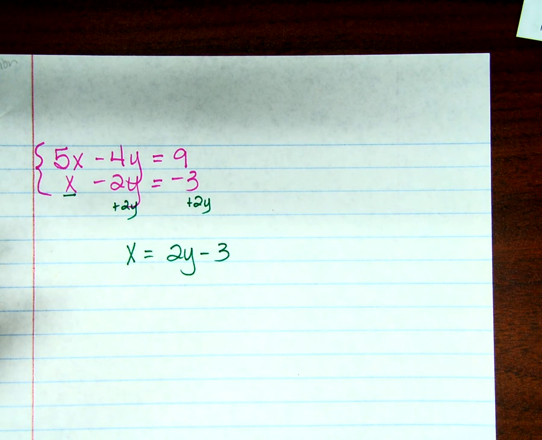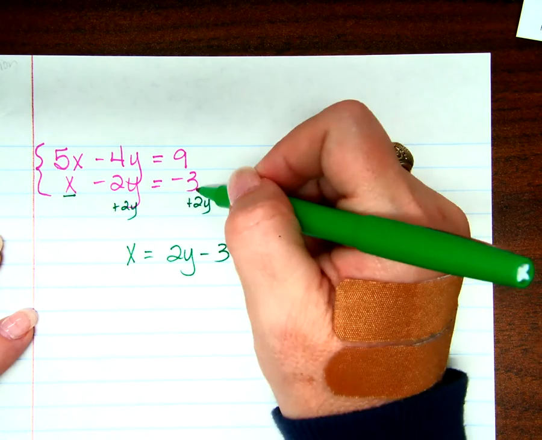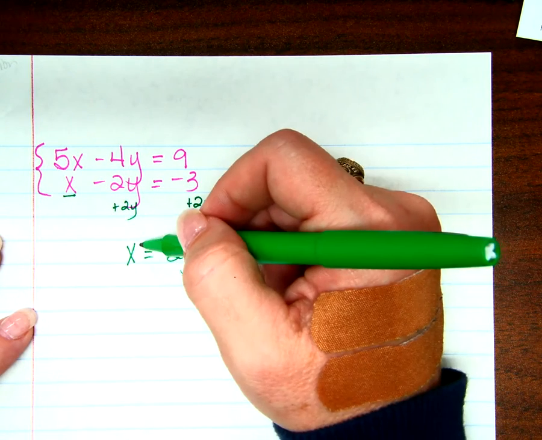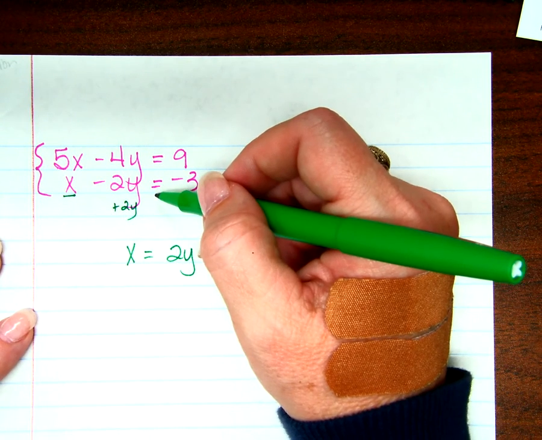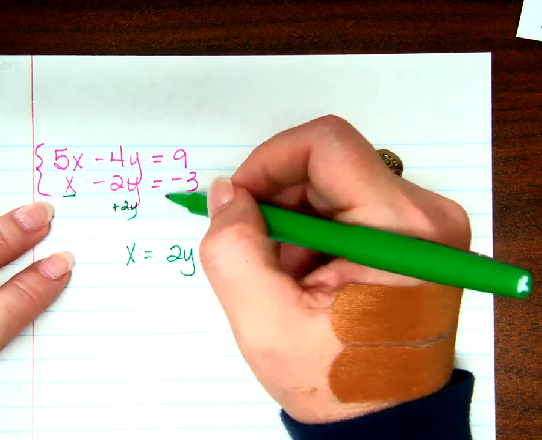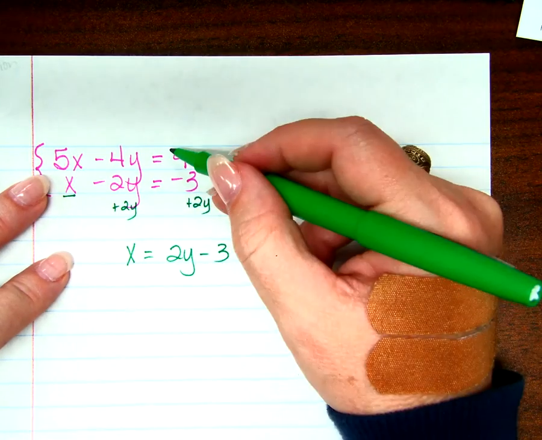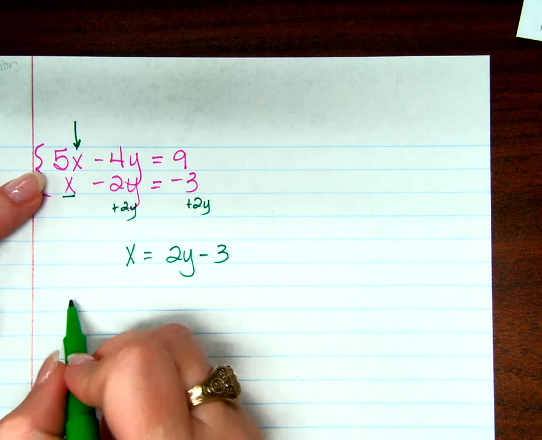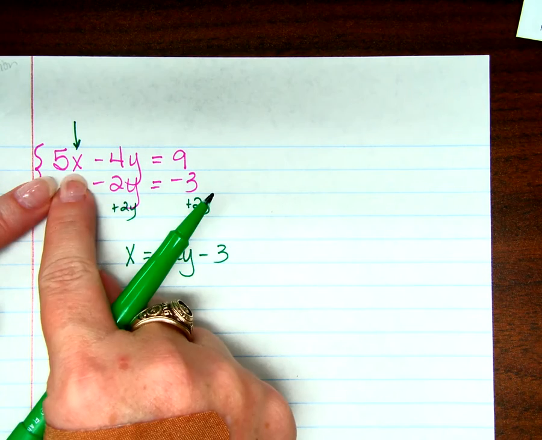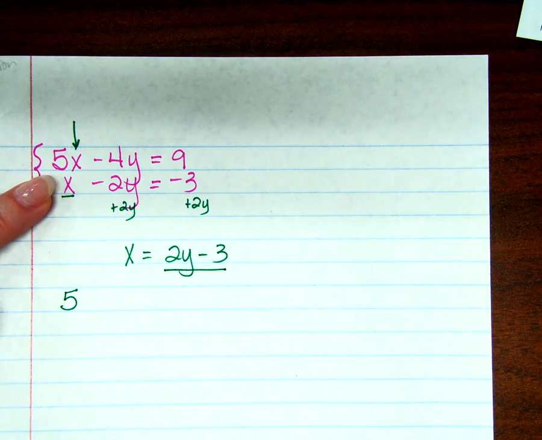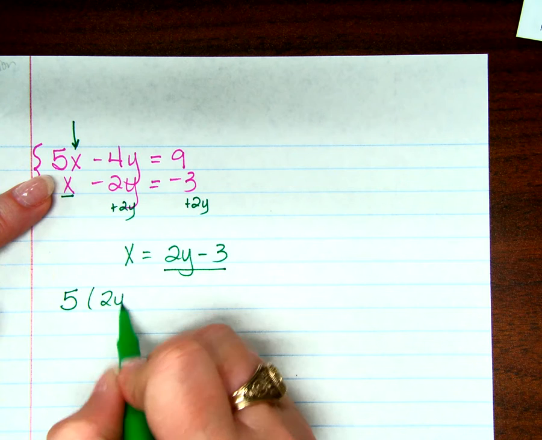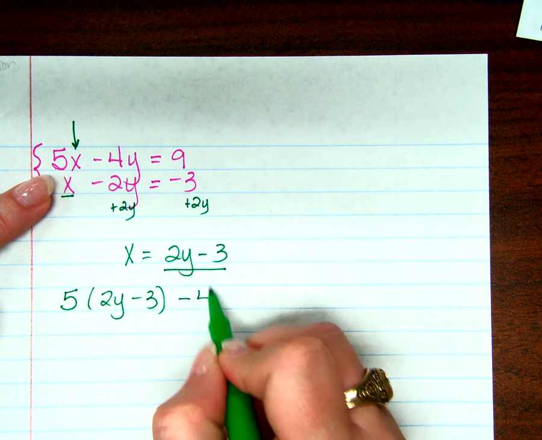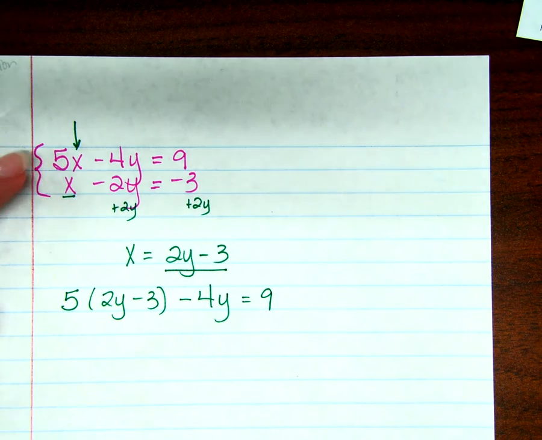Where? Okay, so I use the second equation to solve for x, so I don't want to put it back into the second equation. That would be silly. If I used the second equation, I want to plug that into the first equation right here for x. So I'm just going to start rewriting the equation, 5, but I'm not going to write x. I'm going to write what I know x equals. 2y minus 3, then minus 4y, and then equals 9.